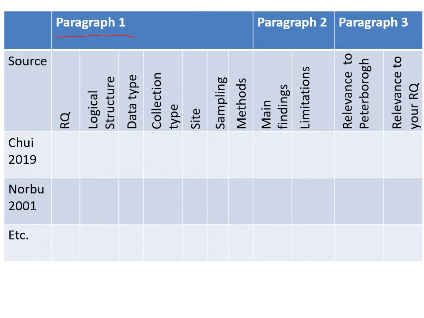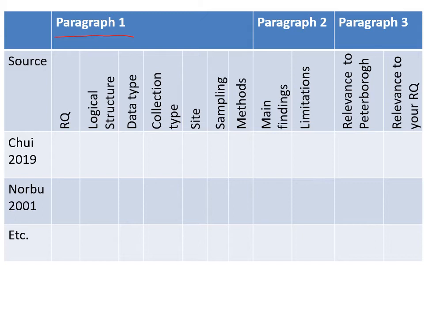You've got your research question, your logical structure, your data type, how the author of that source collected the data, the site where they collected the data, how they sampled, and the methods they used to analyze their data to come up with an answer for the research question. So this was all what went into the first paragraph.